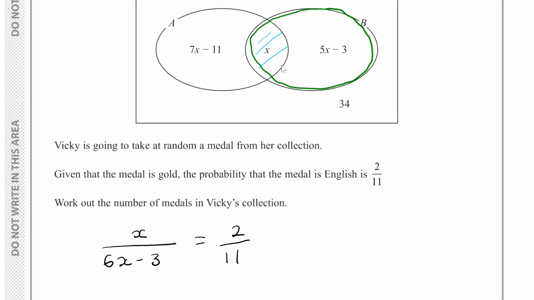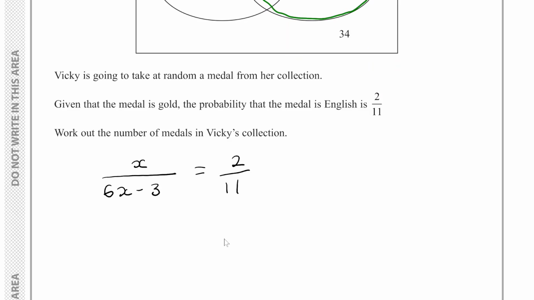So given that it's gold, the probability it's English, which is x over 6x minus 3, is 2/11. So if we solve this, we'll be able to find x, and therefore the total number of medals. So times both sides by 11, and times both sides by 6x minus 3. So 11x equals 12x minus 6. Take away 11x from both sides, add 6 to both sides.